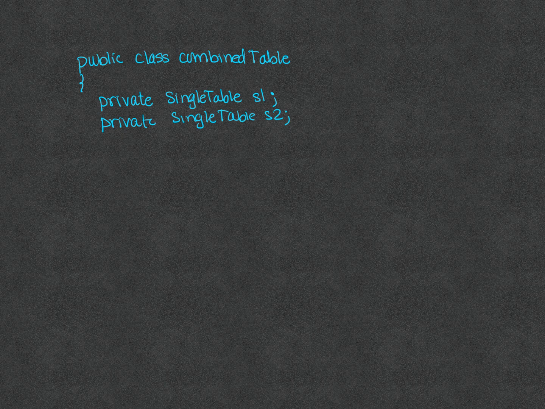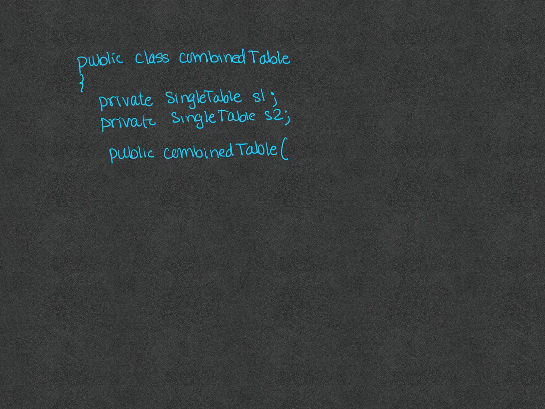The next thing is our constructor. Remember, constructors have the same name as the class. The class is combined table, so it's going to be public combined table. And you're going to pass in the two. So we need to pass in two single table objects.